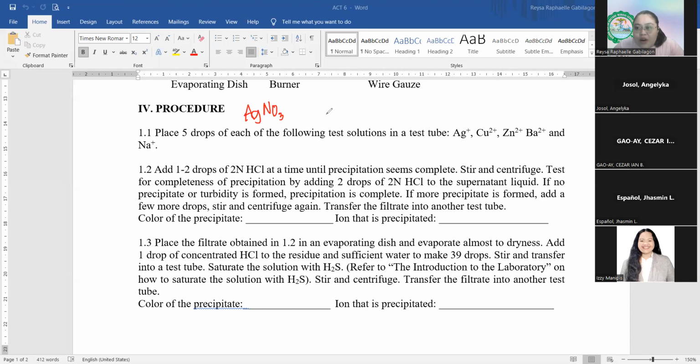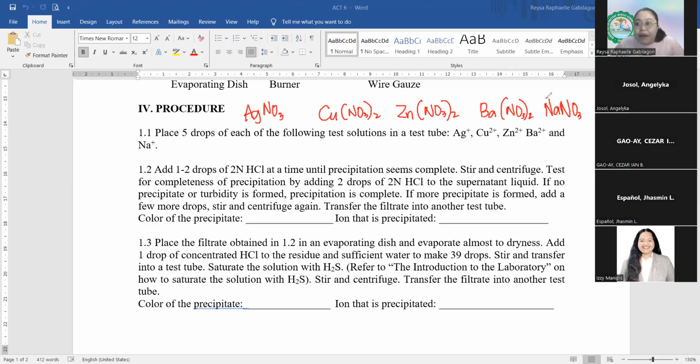So definitely they are compounds with another negatively charged, polyatomic ion. So copper is copper nitrate, and zinc is zinc nitrate, and barium also, barium nitrate. And the sodium is sodium nitrate. So they are in nitrate form when we use them in the laboratory.